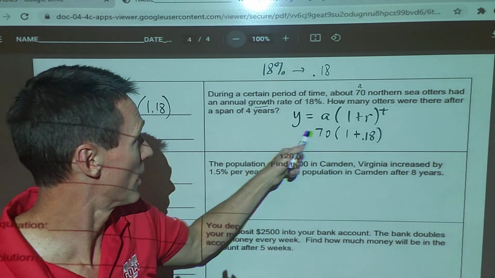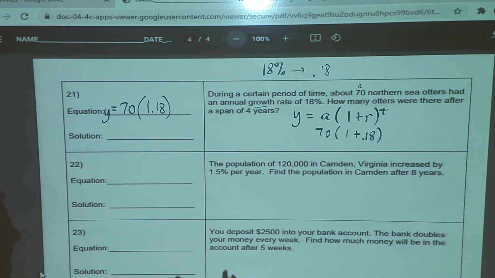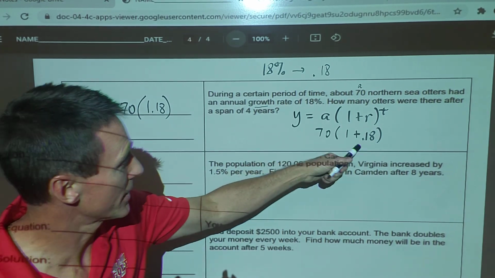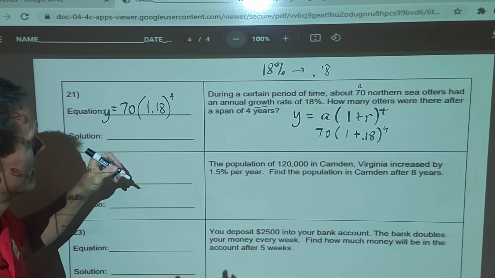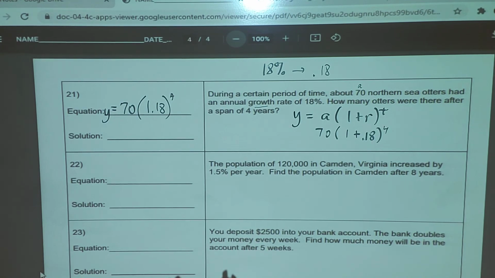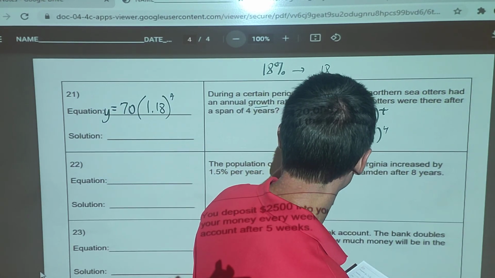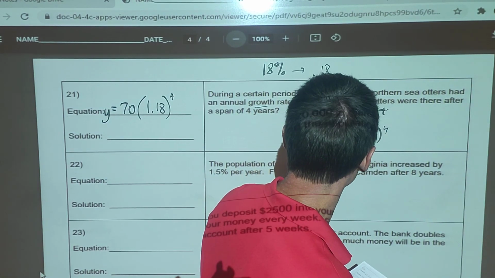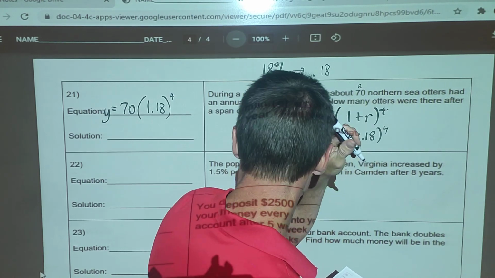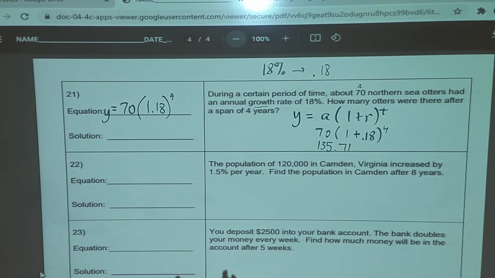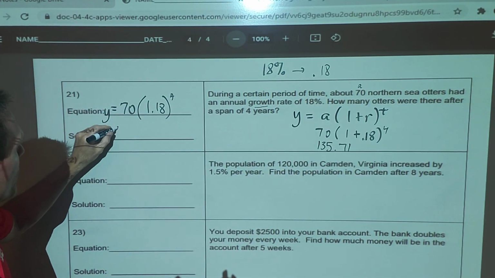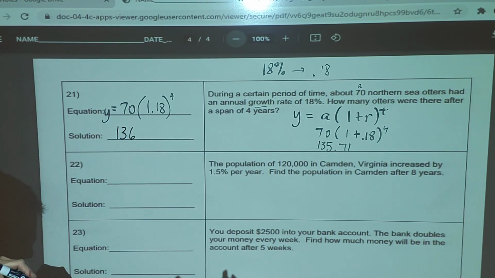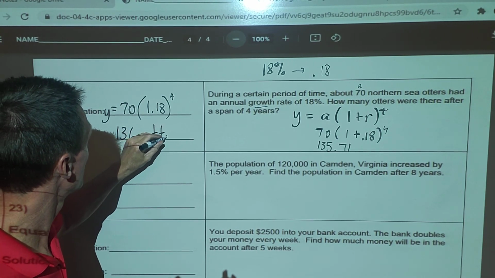Again, a number larger than 1 represents growth. Now this gives us the number of years, so our time period in this problem is going to be 4. And when I plug this into the calculator, we end up getting 135.71. Again, we're going to look for the closest number of otters. The 0.7 would round this up. So we are going to end up with 136 otters.